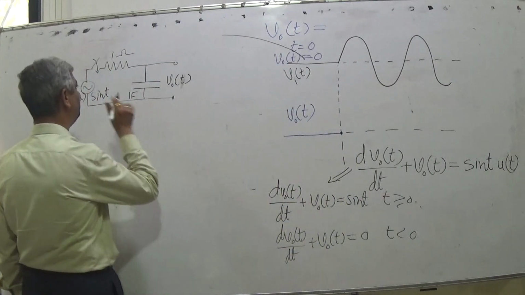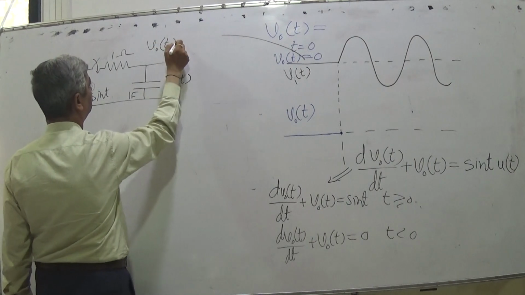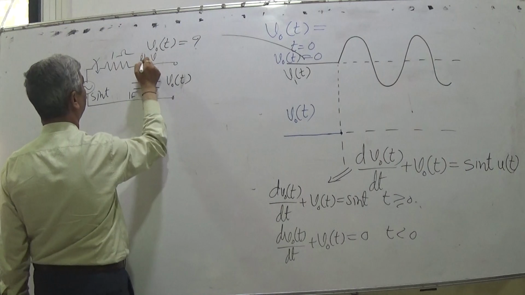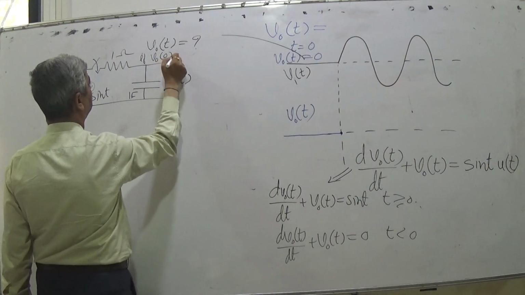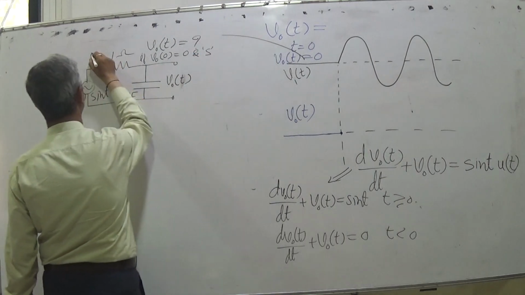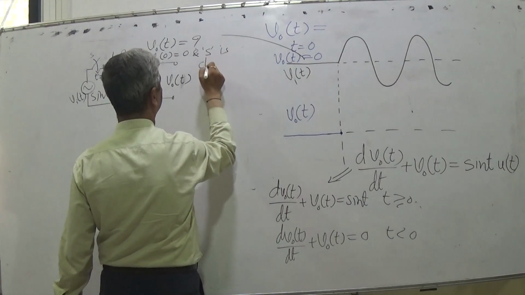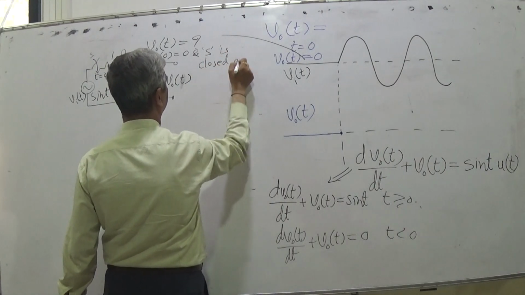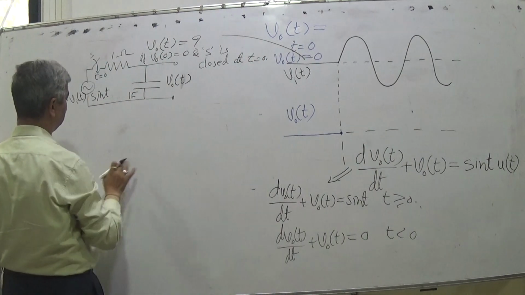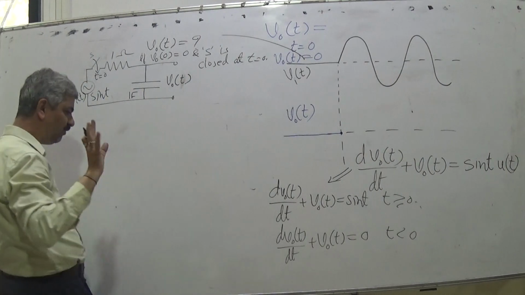So obviously, what would be Vot if Vo(0) is 0 and the switch S is closed at t equal to 0 is the question. So I suggest one solution.